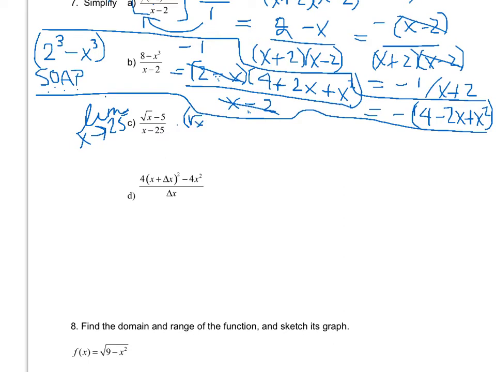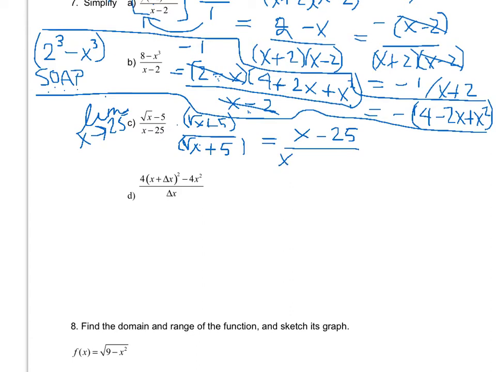You could try the conjugate of the denominator too, but usually it's the more complex binomial over, and whatever you do to the denominator, you've got to do to the numerator. So let's just do this algebra. If you multiply two conjugates, you just get the first term squared, which would be x, minus the last term squared, all over.